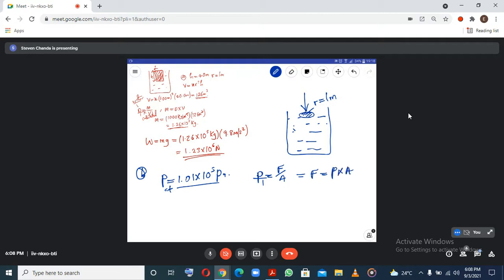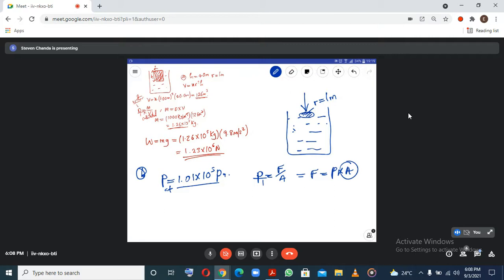force equals pressure times area. So what's the area of this disk? It's just like a disk.